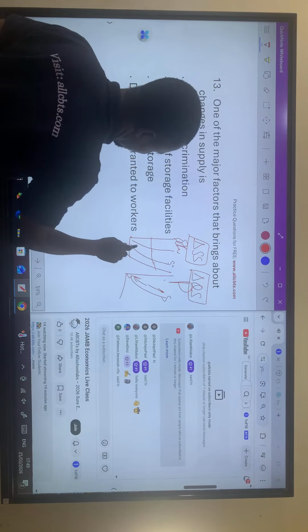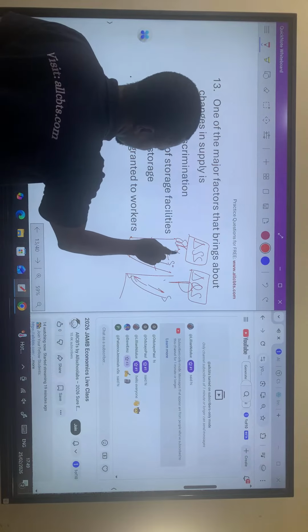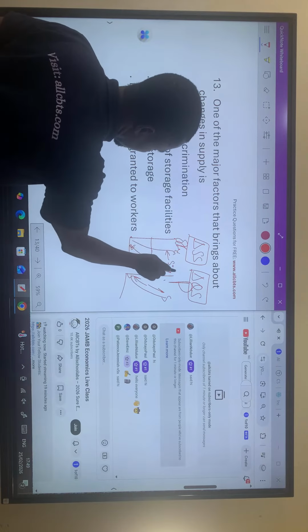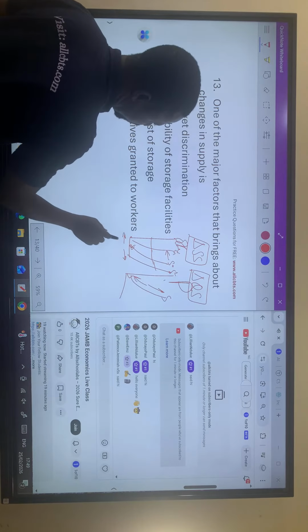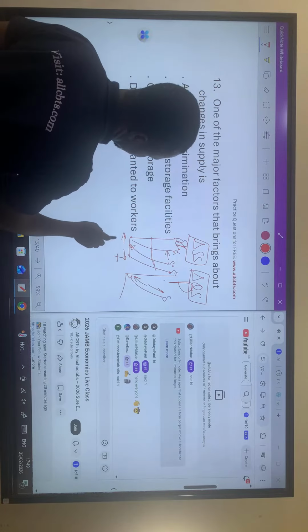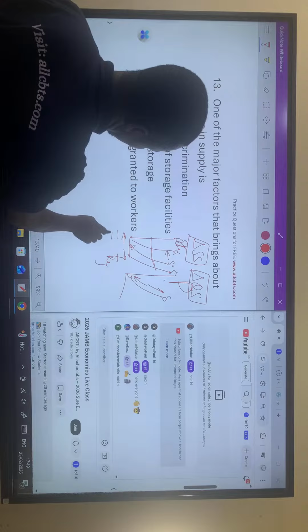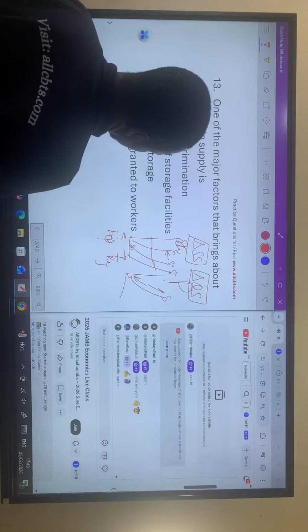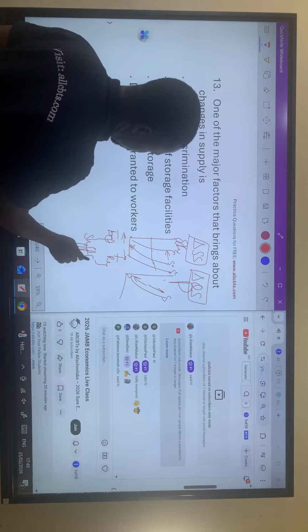This is the original supply curve, then we have a backward shift in supply. Then we have forward shift in supply. Backward and forward. Positive, negative. Rightwards, leftwards. Okay, so this is what they call shifts in supply curve.